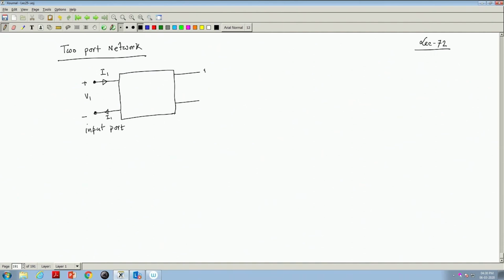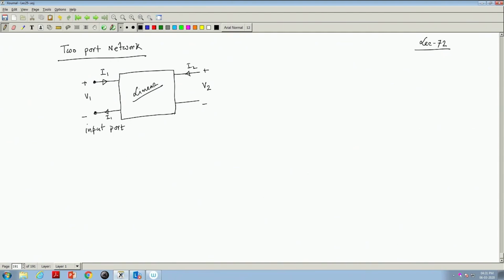Similarly, here it is the output port, where the output voltage will be V2 and the current is I2. These are the conventions, the way directions of currents are mentioned. So, this is a linear network.